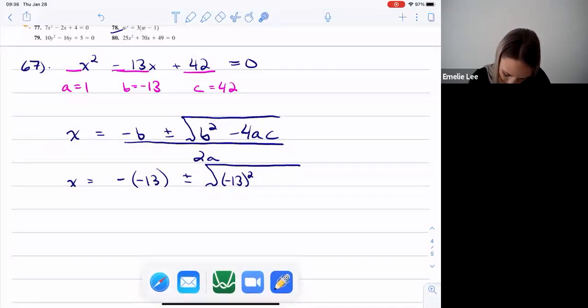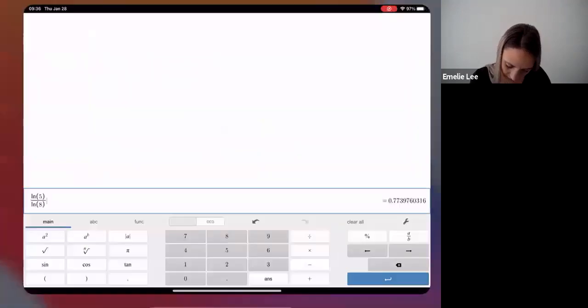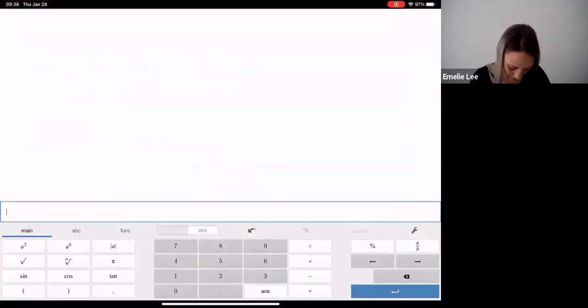Here, let's go to our little calculator. For example, if I do negative 13 squared, see how it gives me a negative number? That's not right. If I square a negative, it has to give me a positive.